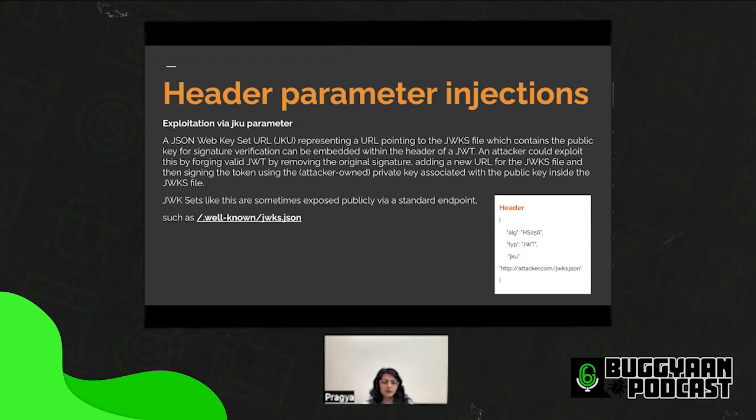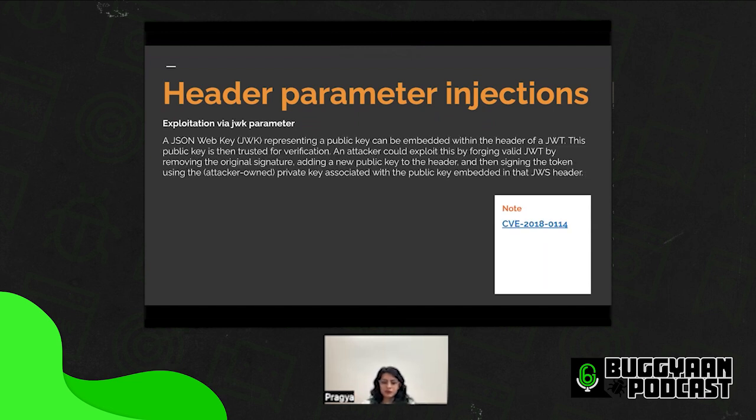The next one is the JKU parameter. JKU was the URL one where we just mention the URL. So JKU represents a URL which points to the JWKS file. JWK is a public key in JSON object.